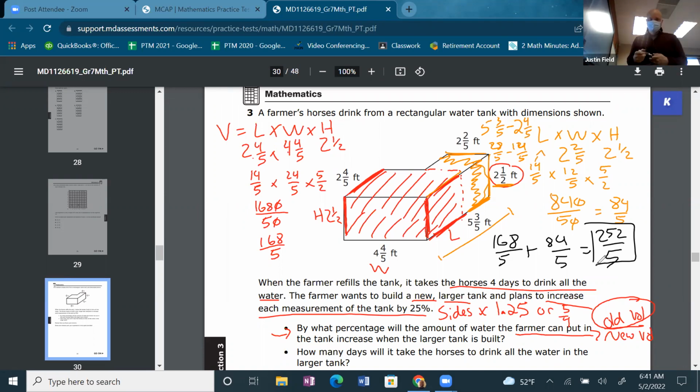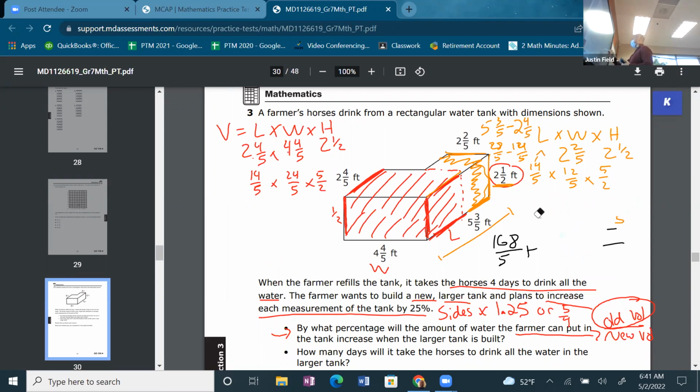So now what we need to do is increase all of those measurements. I'm going to go right back to where I have the sides, and we're going to multiply all those sides by 5/4.